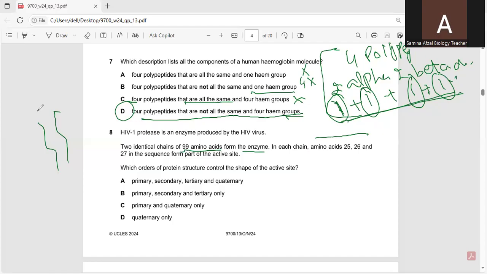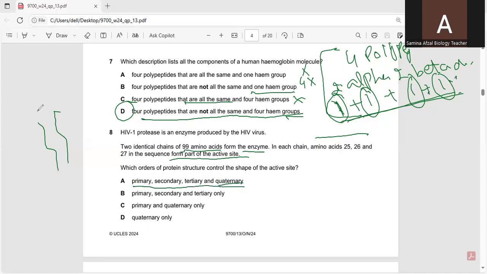Quaternary structure is made up of multiple polypeptide chains. In hemoglobin, there are 4 chains, and you can see primary, secondary, tertiary, and quaternary structure.